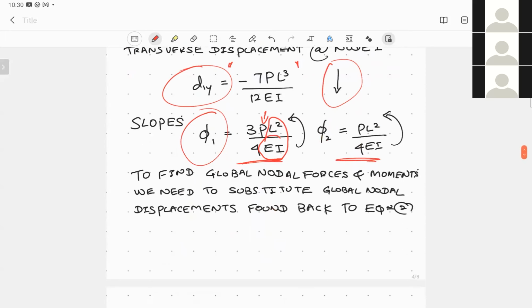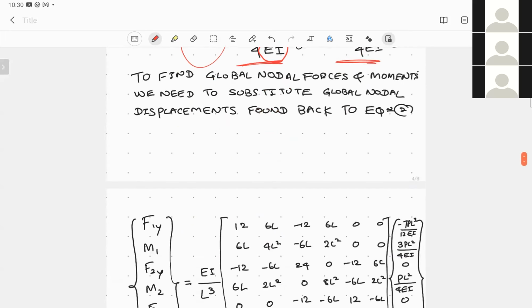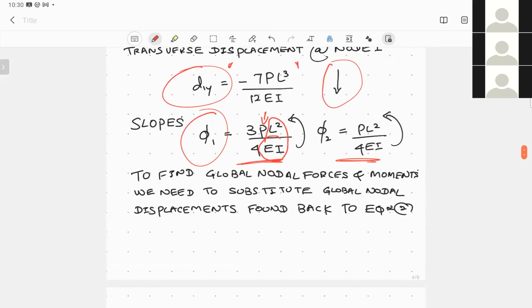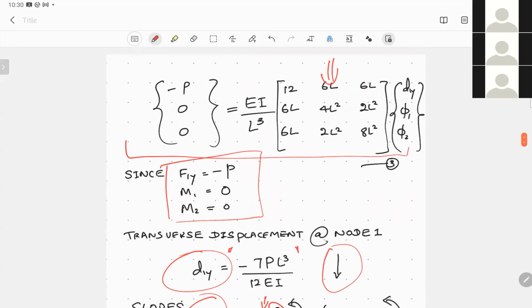So the next task is, since you already know these unknown degrees of freedom, in order to find the global forces and moments, we back substitute them into this equation number 2.